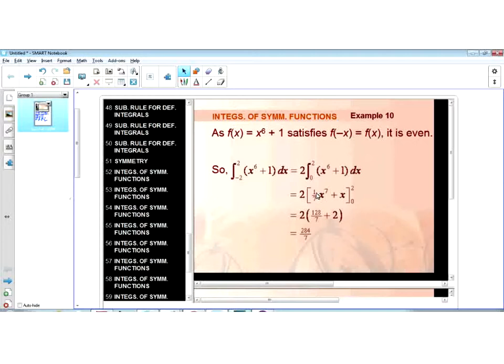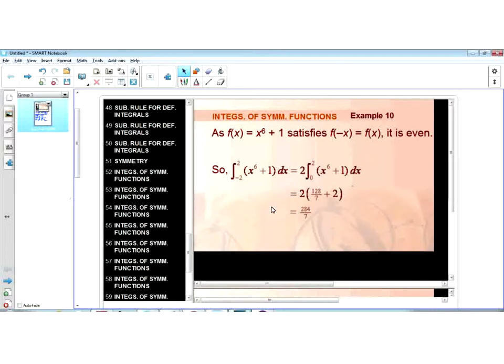And so all you have to do is evaluate this integral. So take the antiderivative, so it would be x to the 7 over 7 plus x. Use net change, evaluate it from 0 to 2, and then you'll have 128 over 7 plus 2. The 0 is nice because now we just plug in 0 for x, nothing to do there. And then we double the result, and it's 284 over 7.